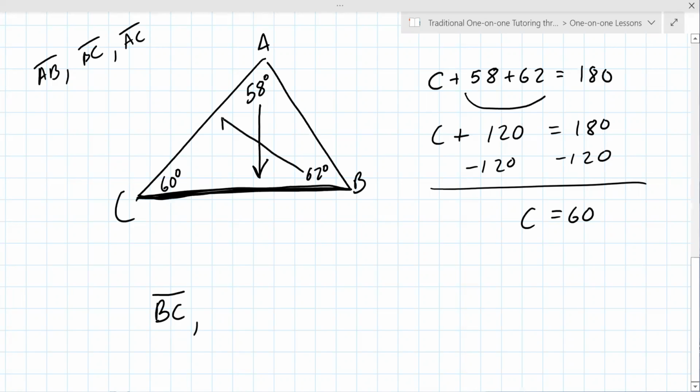CA. CA, good. And that's the largest one. What is the one in the middle? The one in the middle is going to be AB. Agreed. Okay.